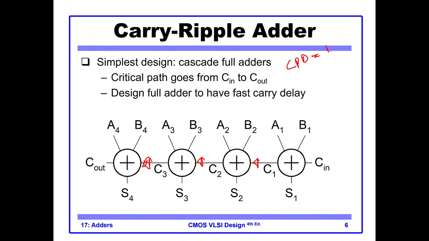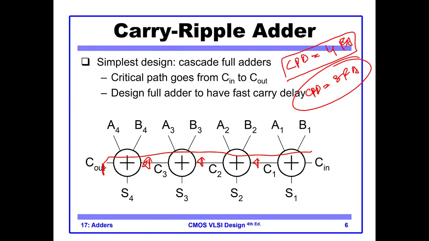It is basically 4 full adders in the worst case. It takes 4 full adder delays for the carry path to compute. If you don't consider the first full adder, then it is 3 full adders.